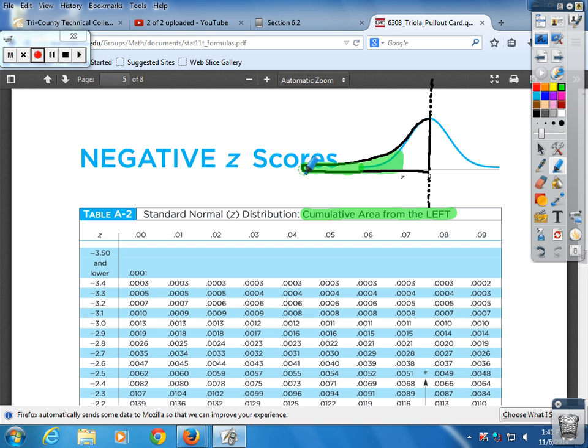What would this one be right about there? 0.25. And then back here would be 0.025. So that's where all these are. And of course, these are your corresponding z-scores.